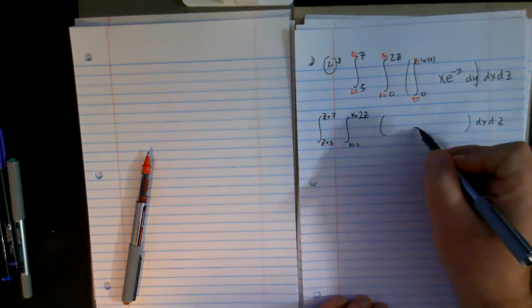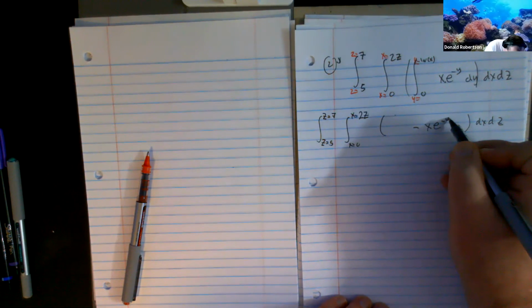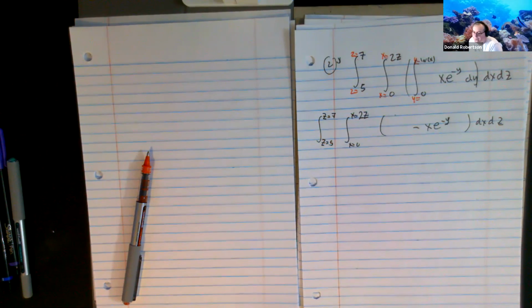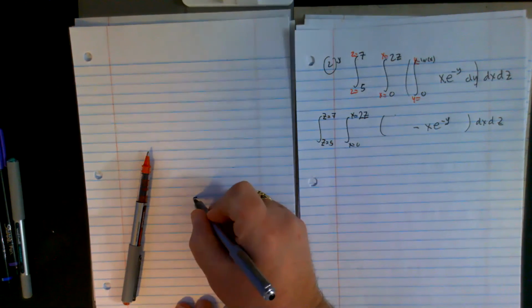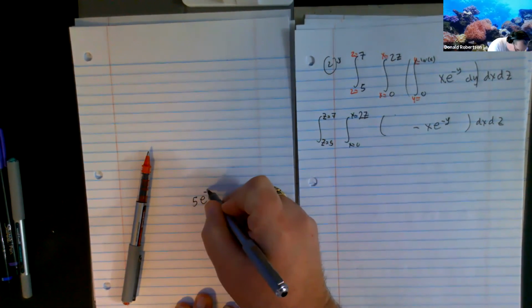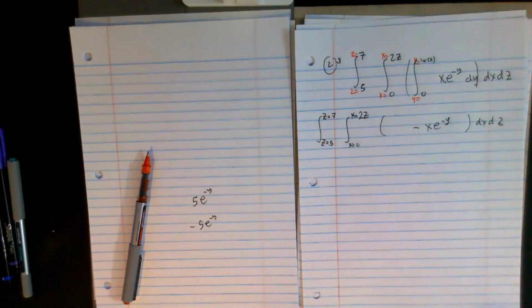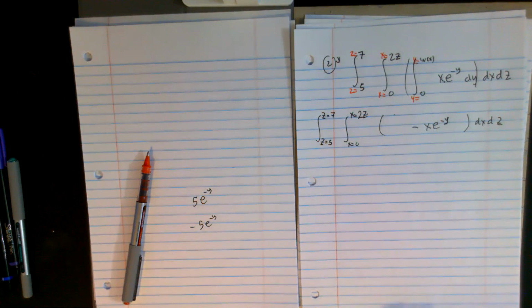Negative x e to the negative xy. No, so close. Just that. Think of what you would have done if it had been that. I did not mean to say xy up there. Okay, so you wouldn't have written it down. Then that's the right answer.